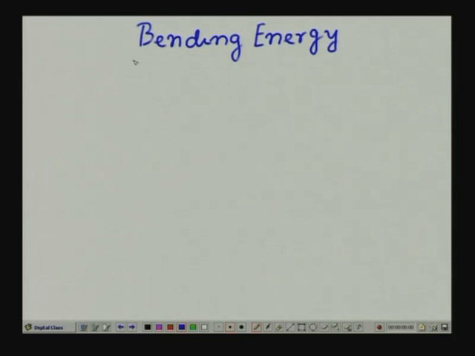The other form of boundary based descriptor can be what is called bending energy. So, what is this concept of bending energy? Suppose we have a steel rod and we want to bend that steel rod to a given shape.